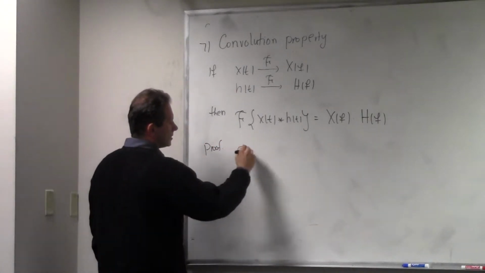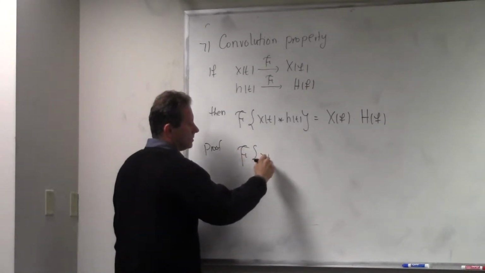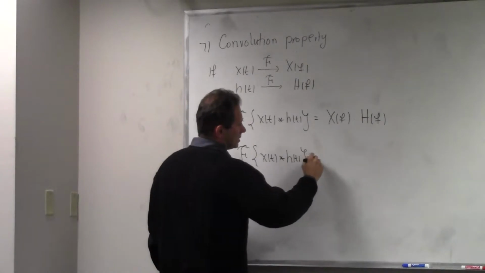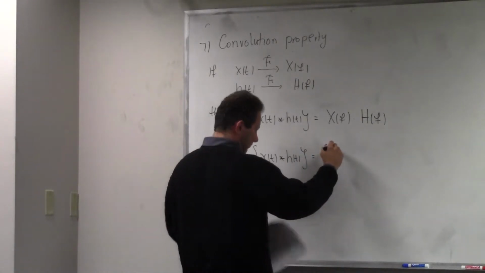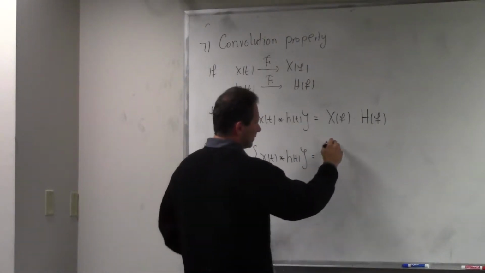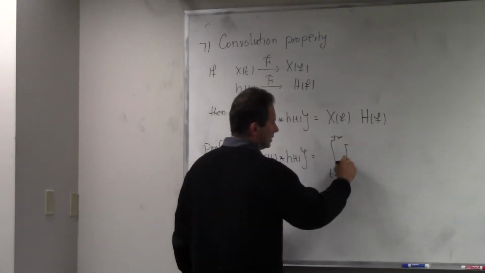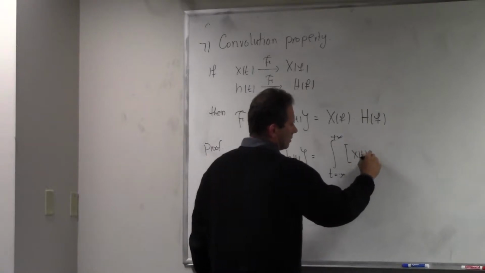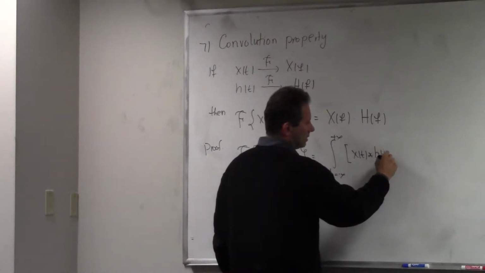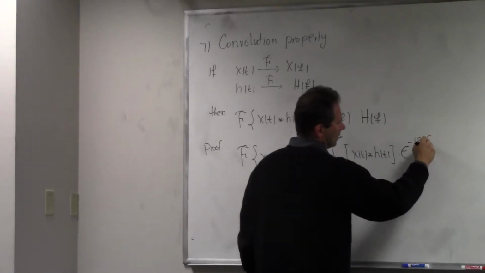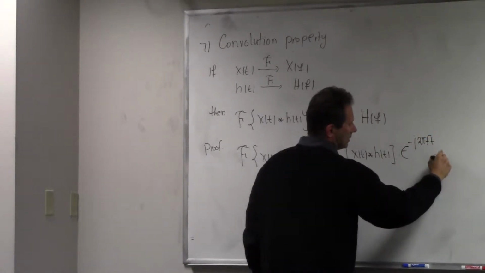So let's say the Fourier transform of x of t convolved with h of t is the integral when t goes from minus infinity to plus infinity of x of t convolved with h of t, and then we have e to the minus j 2 pi f t dt.